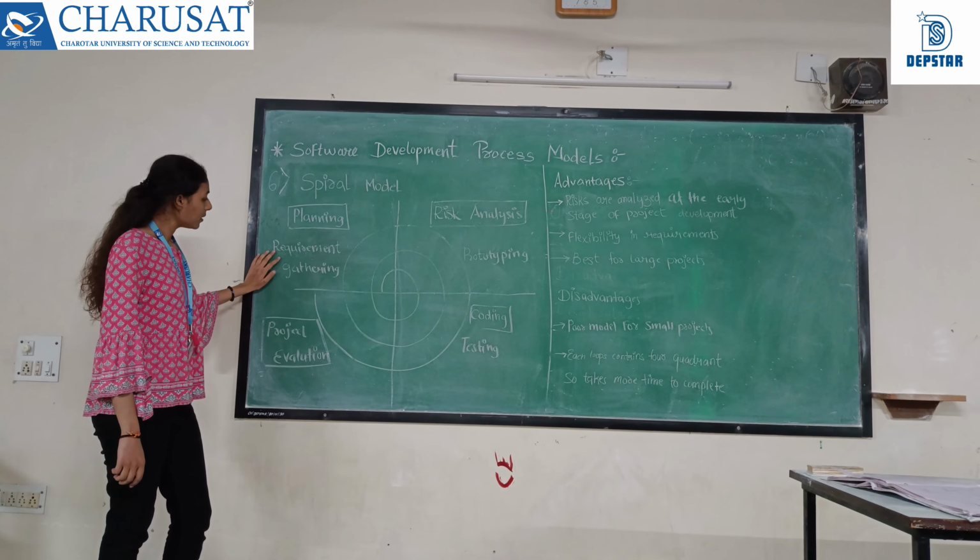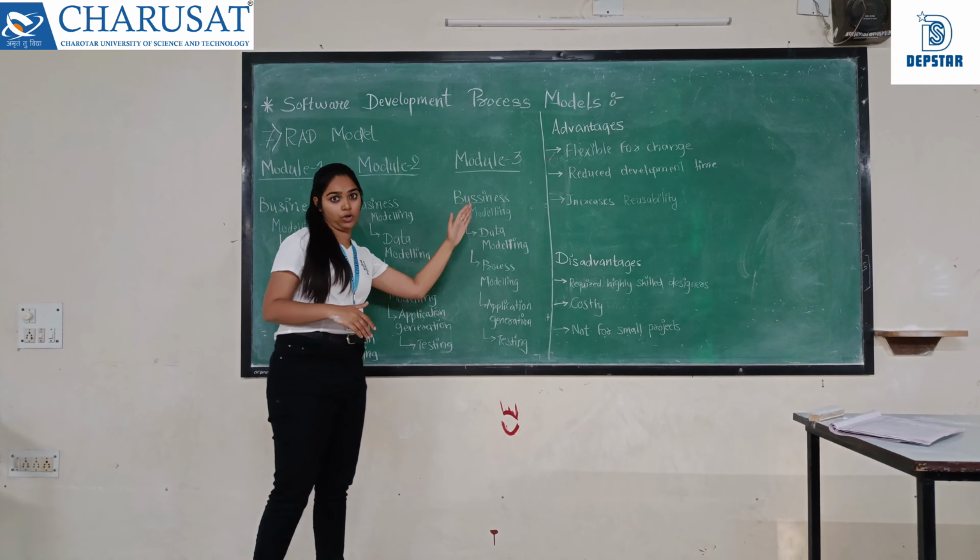The RAD model is a model where it performs one particular path multiple times, but not at the same time. For example, it will follow module 1, then after the completion of module 1, it will follow module 2, like this it will follow n numbers of modules.